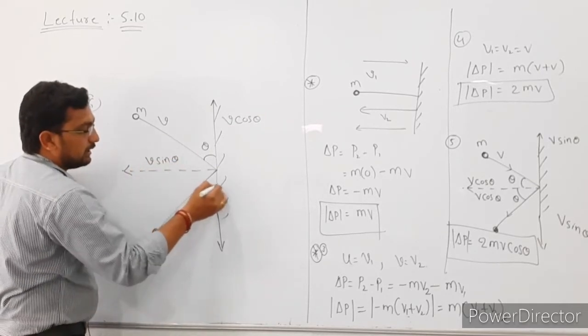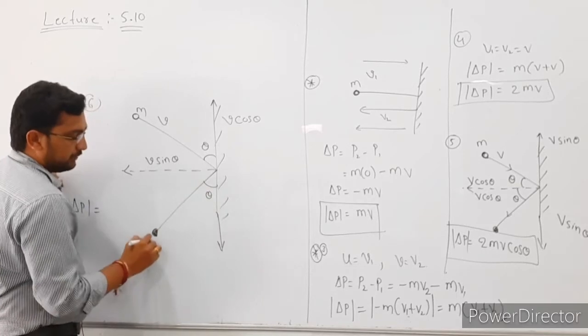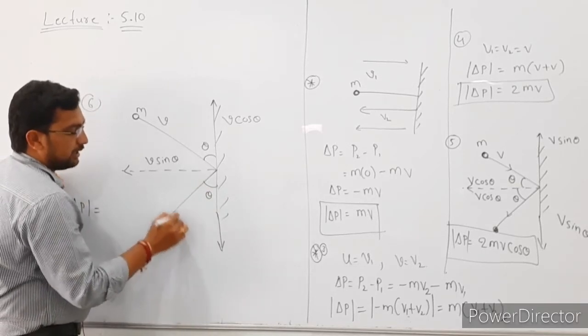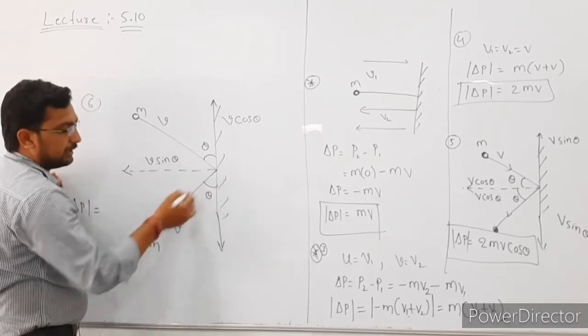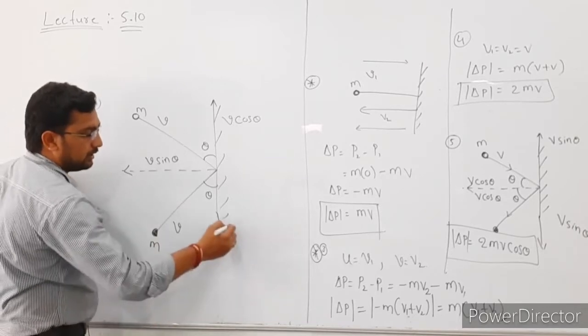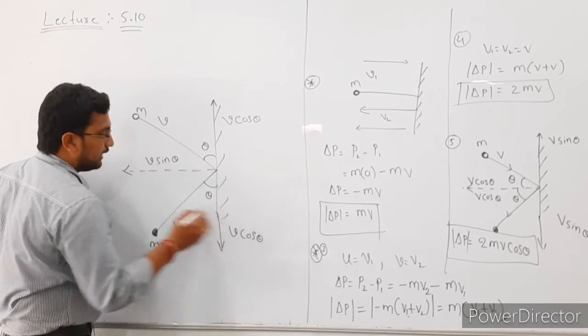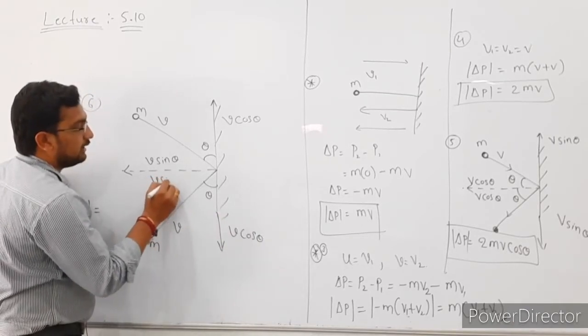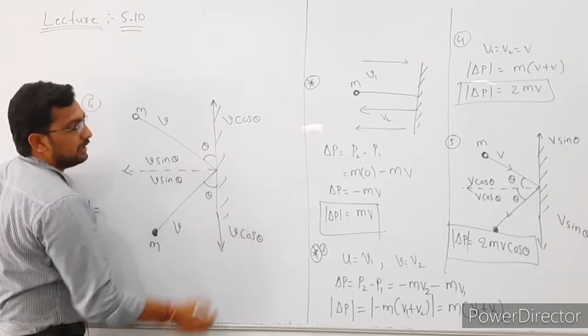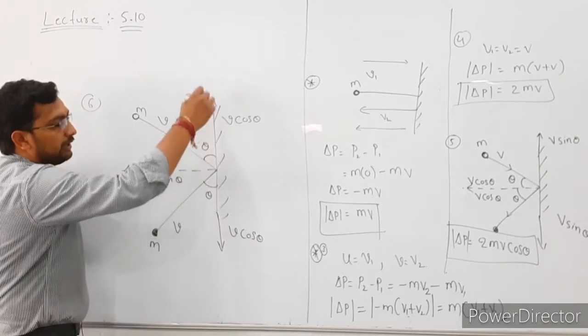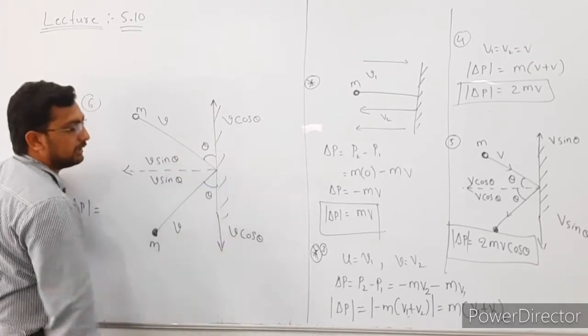Here also it makes an angle theta with respect to this one. The mass is m and it is moving with the same speed v, so it can also be resolved into two components. This is the horizontal component, v cos theta, and this is the vertical component, v sin theta. Here both have the same magnitude but they are moving in opposite directions, so both get cancelled.